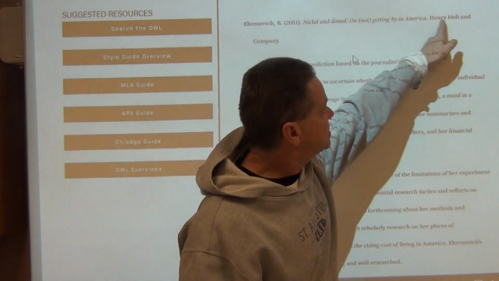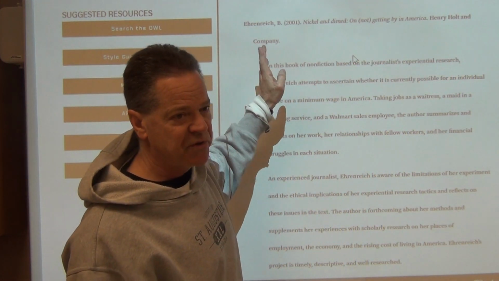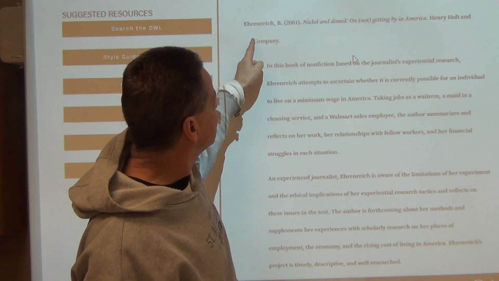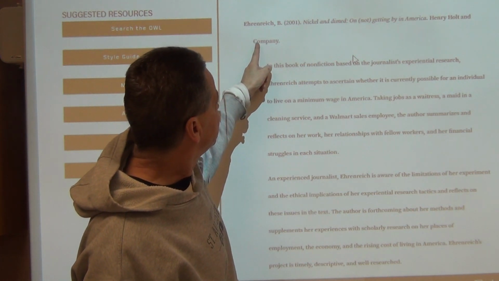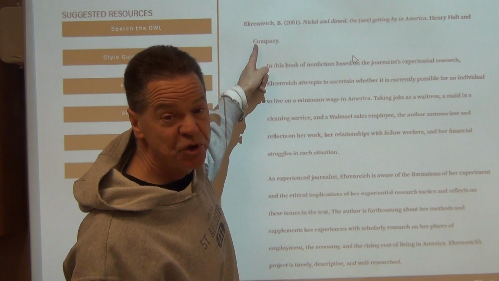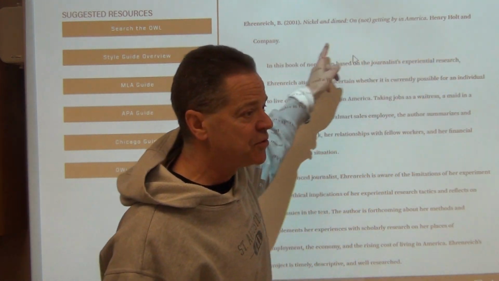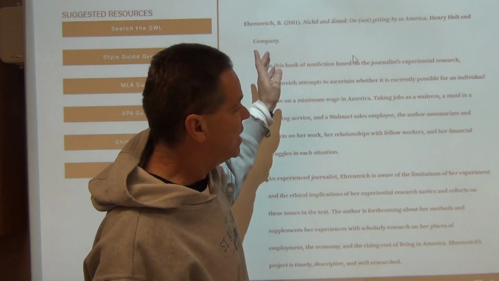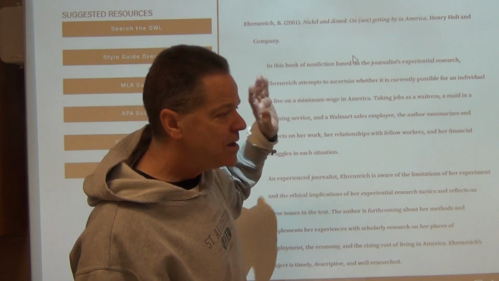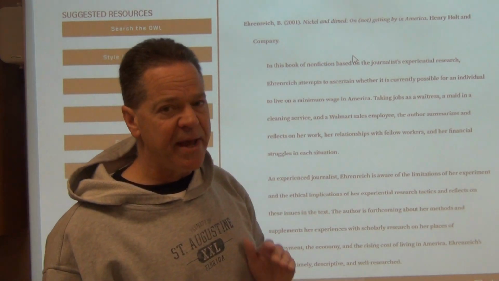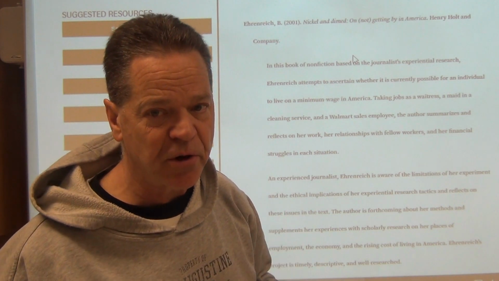If the citation takes more than one line, which most of them do, anything after the first line is indented 5 spaces from that margin, right? So your citation would go along like this, and if it had a third line, that would be here also, and so on. Now, when you get to the annotation, it's going to be a paragraph.